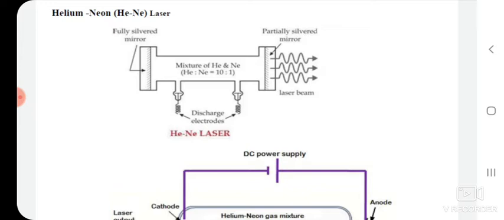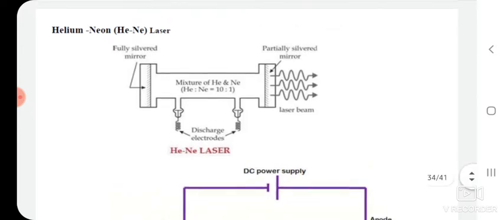The length of that quartz tube is about 50 centimeters and the diameter is about 1 centimeter.